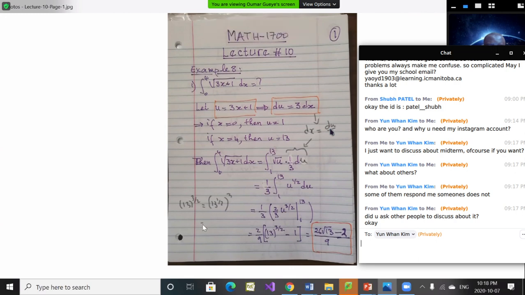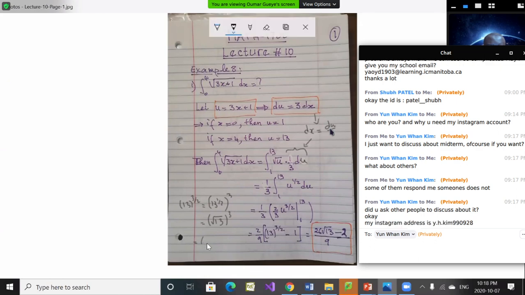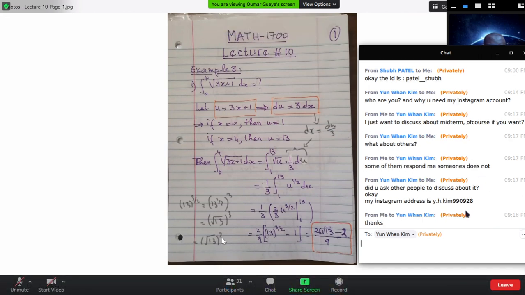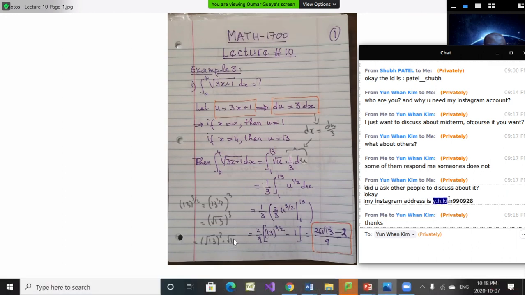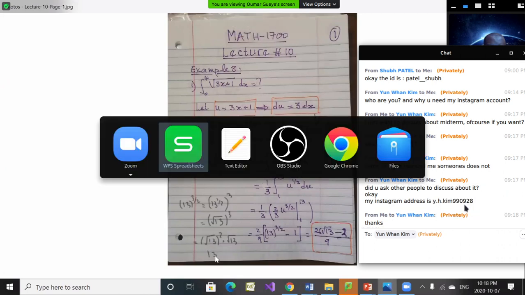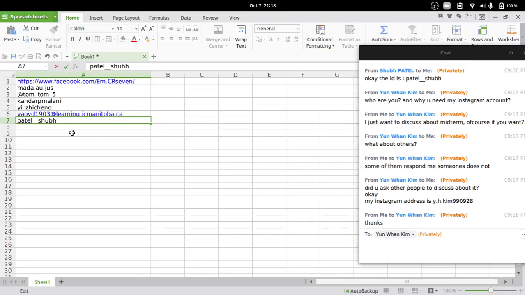And this is equal to root of 13 to the power 3. And root of 13 to the power 3 is equal to 13 root of 13. You square it times root of 13, and this is equal to 13 times root of 13, as I told you.